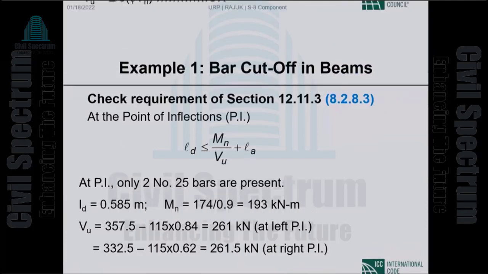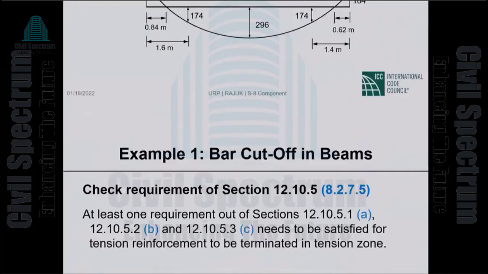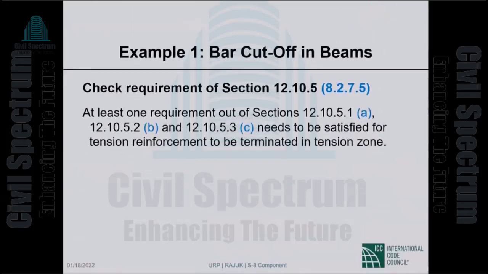Okay, the 174 was the moment diagram before here. Okay, so this is the number. At the inflection point, there are only two number 25 bars. The number 28s have been discontinued.